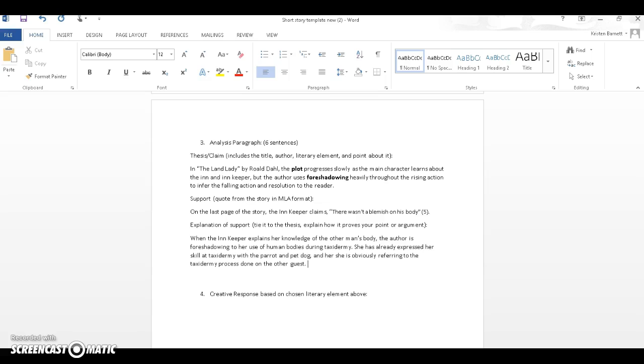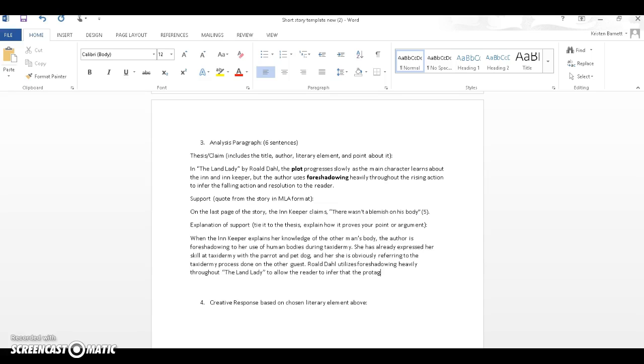So let's sum it up. Roald Dahl utilizes foreshadowing heavily throughout The Landlady to allow the reader to infer that the, what's the guy's name? Billy Weaver?